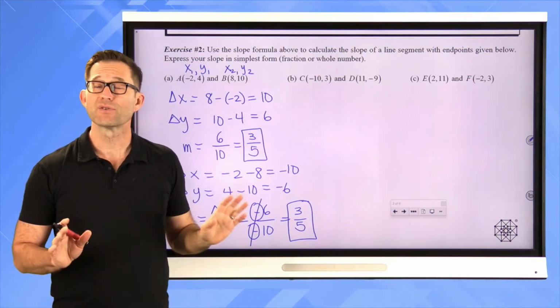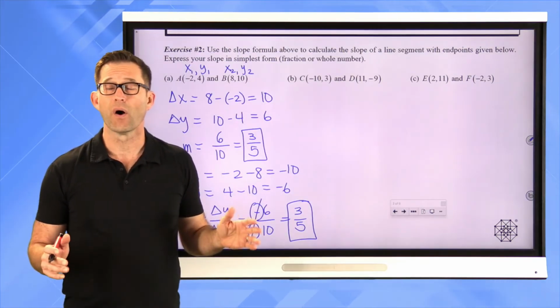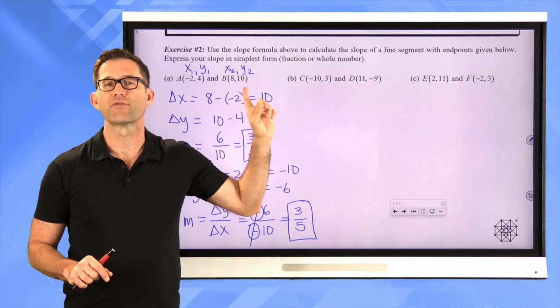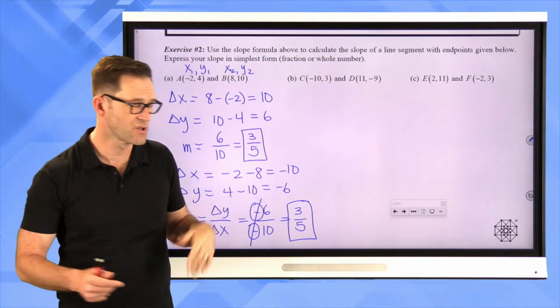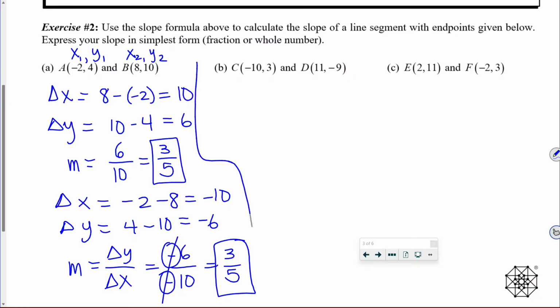Now, there's certainly the case, and I'll do this often, where you don't actually have to write out delta x is this, delta y is this, and then the slope is this. So for instance, for CD, I might just immediately go like this. M is equal to negative 9 minus 3, this y minus this y, divided by this x minus this x.